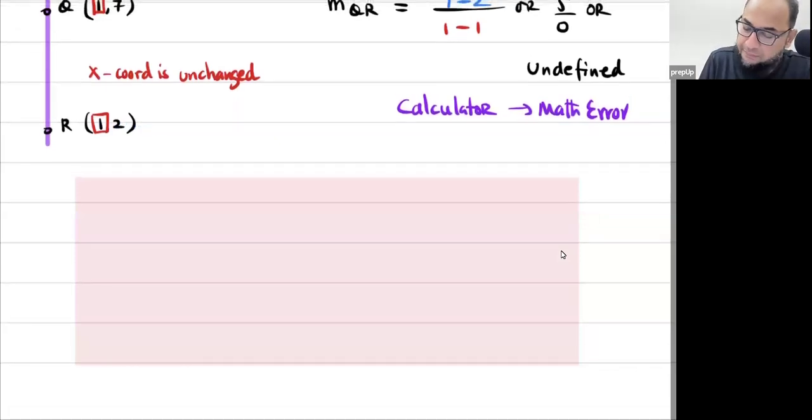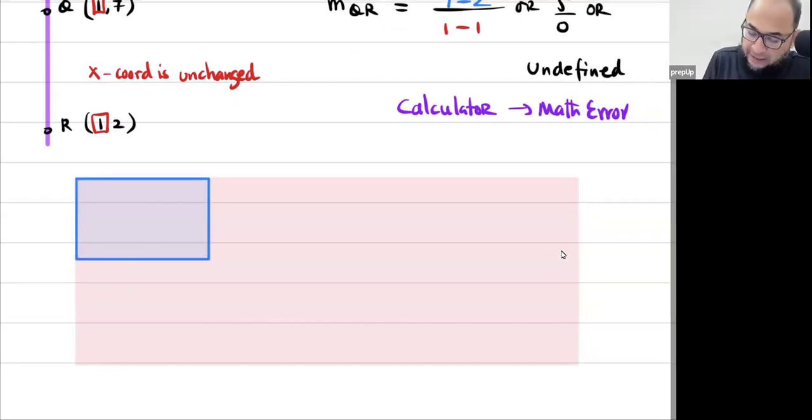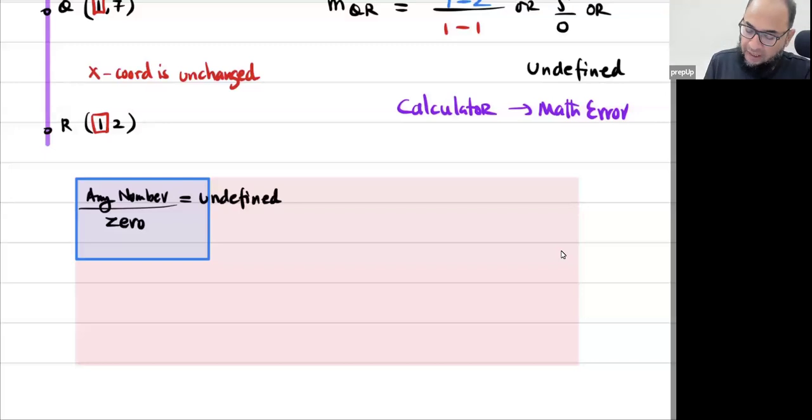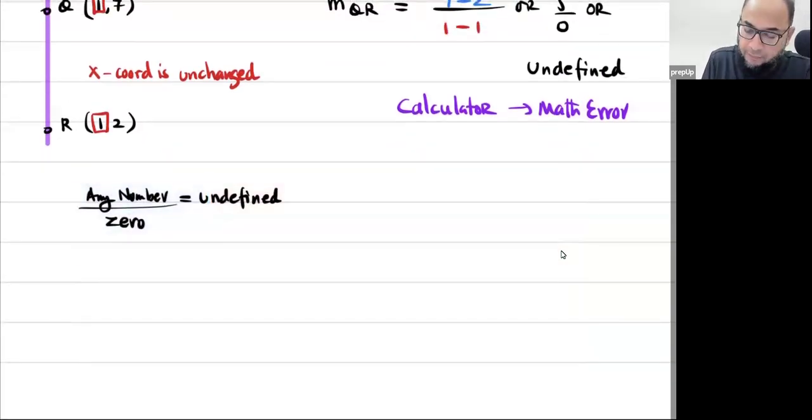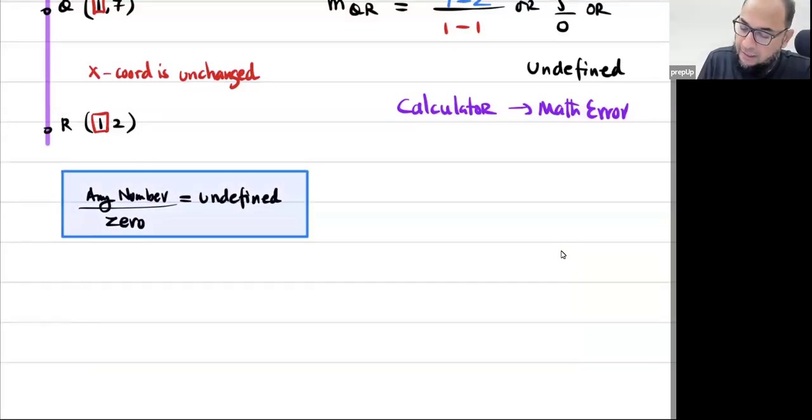But on the other hand, any number divided by 0 is undefined. So let me write undefined. Let me change the color, and draw a big red color like this.